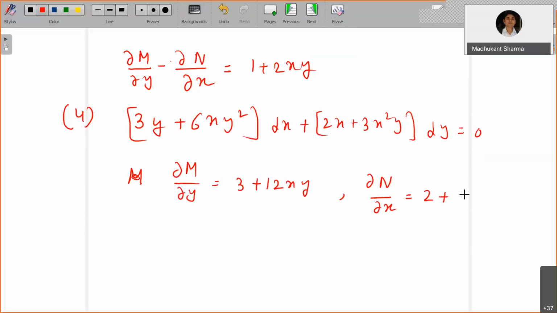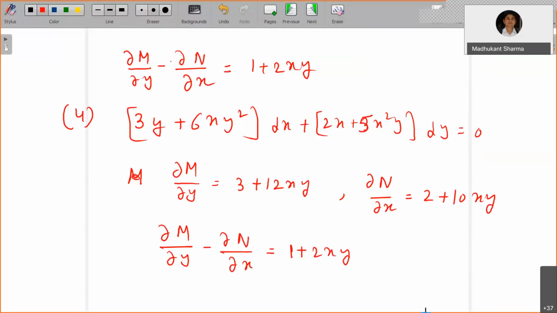What I can do here is make it 5x squared. I am just trying to get something, I just want to show you something. So 2 plus, let's say, 10xy. Now ∂M/∂y minus ∂N/∂x is equal to 1 plus 2xy. Now see, this certainly falls into that method 3.